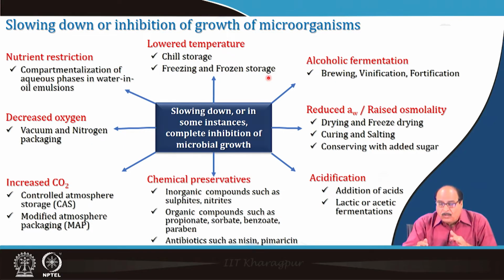Then reduced water activity or raised osmolality, like drying and freeze drying, curing and salting, and conserving with added sugar, where the water is removed from the food material and water activity is lowered. Acidification is another method, like addition of acid, lactic or acetic fermentation, pH management, or even pickling, which are processes for fruits and vegetables working on these principles.